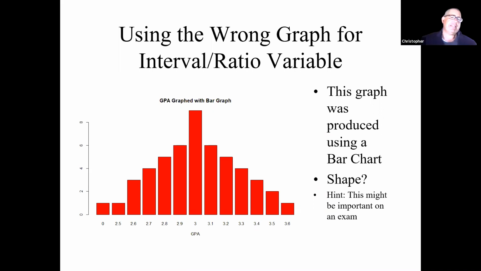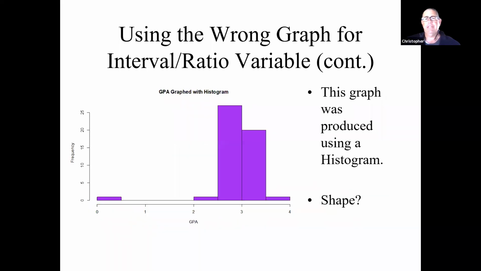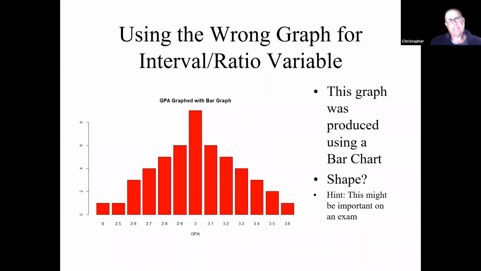We'll talk about that in a second, but one thing we can see is that we don't really understand the shape of a distribution if we graph it with the wrong technique. Here's what it looks like with a histogram. So with a histogram, we can see that there's like one person really down at the bottom, but with the bar graph, it looks just like it's part of the rest of the distribution. So always important to use the correct type of graph, otherwise you're going to get a result that isn't particularly meaningful.